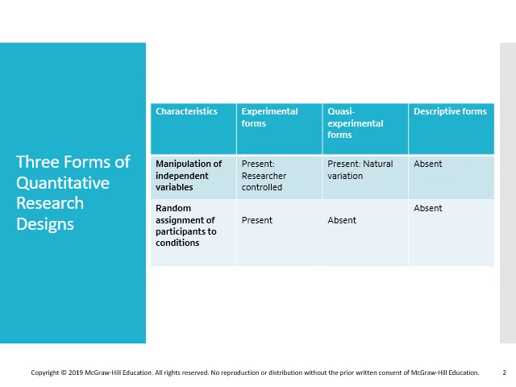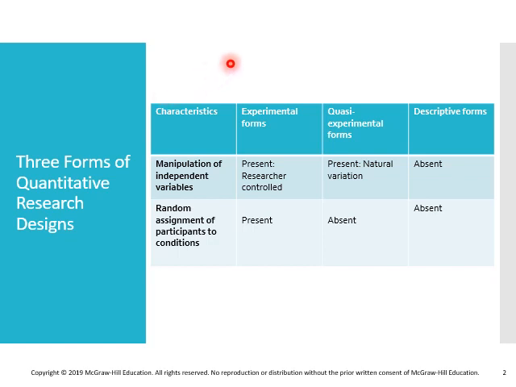The second type we'll be looking at is quasi-experimental forms, and lastly we'll look at descriptive studies or descriptive forms. But here we have a table that helps us summarize these three forms of experiments or quantitative research designs.